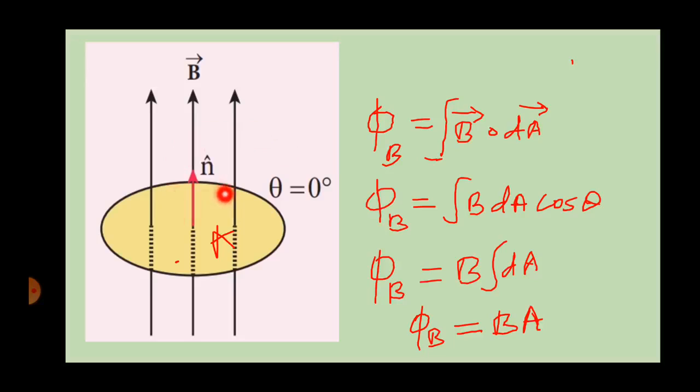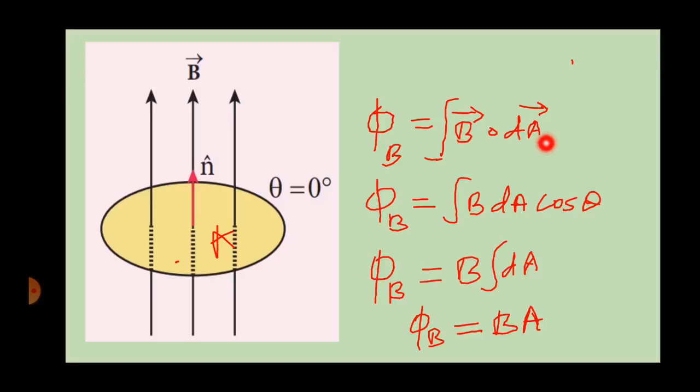So magnetic flux is represented by phi B. Phi B is equal to the integral of B vector dot dA vector. It is the dot product of magnetic field and area vector.